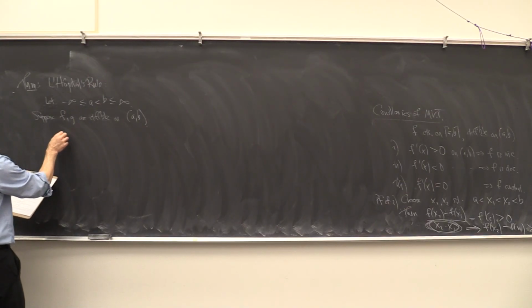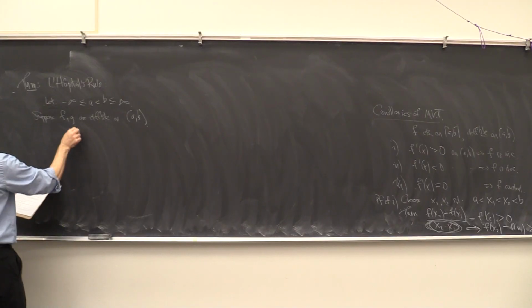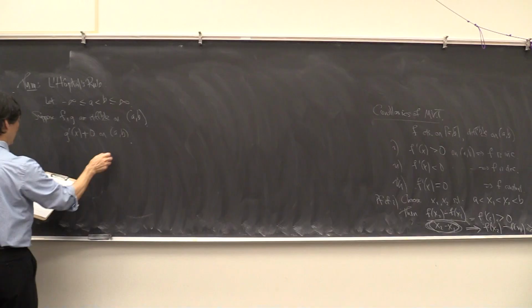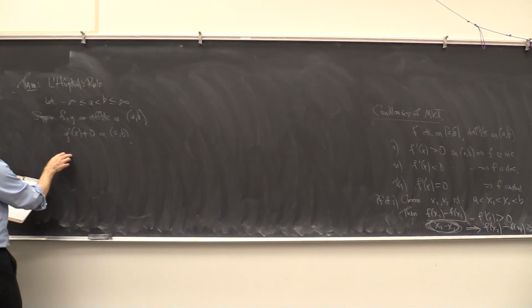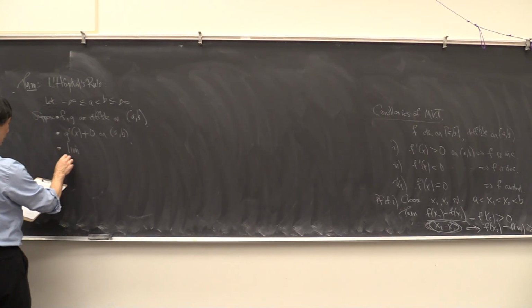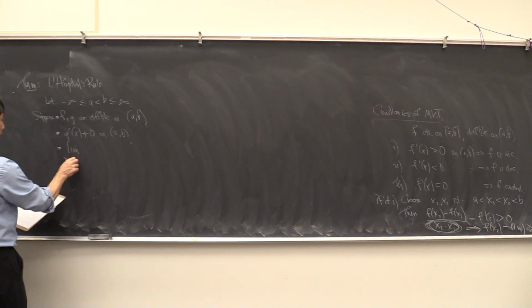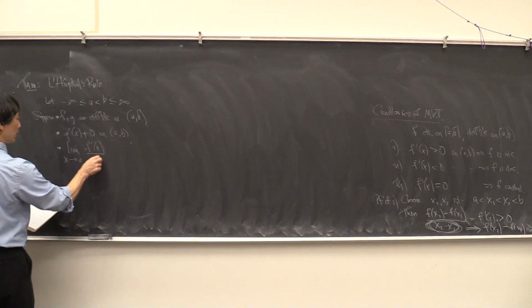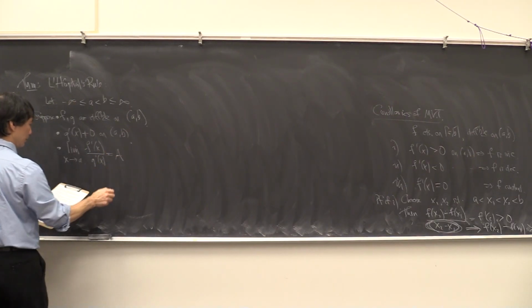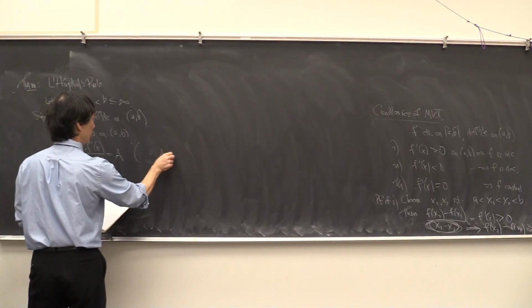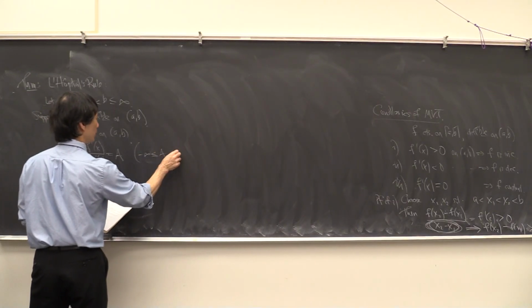Suppose that g prime is never 0 there, and the limit as x approaches a of the ratio of the derivatives is some constant. And the constant could be, again, in the full-blown version, infinite.